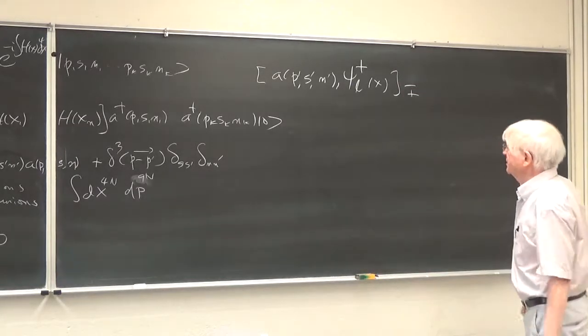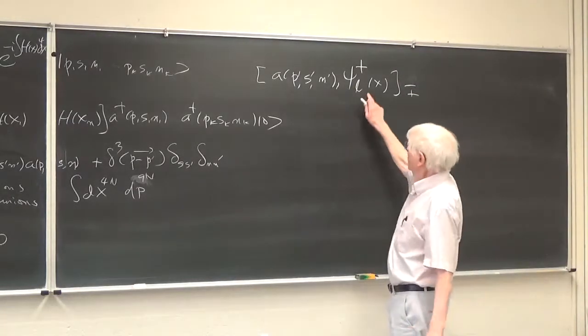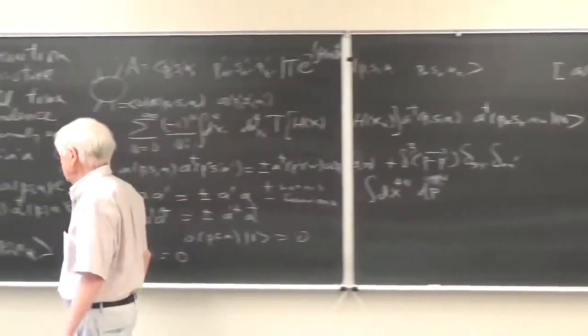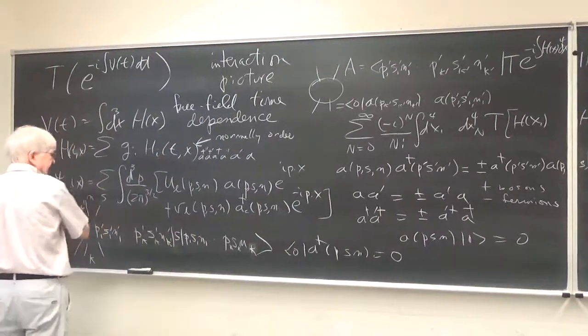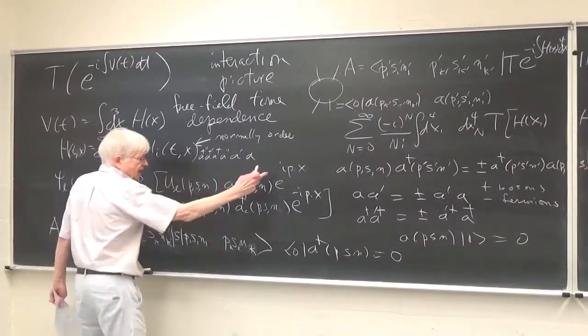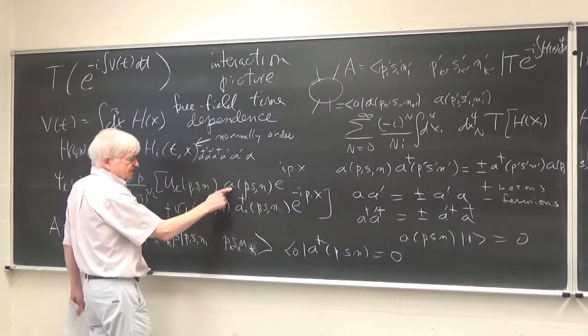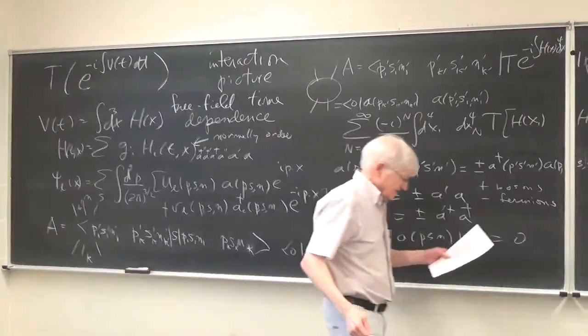If it's a dagger here, then you'll have a star, a minus sign, and the commutation relation A A dagger will give you a delta function.